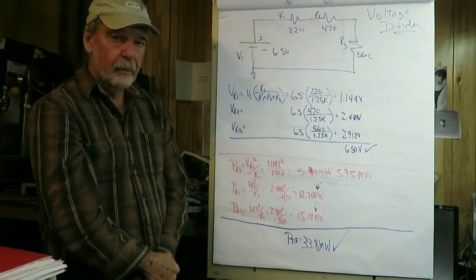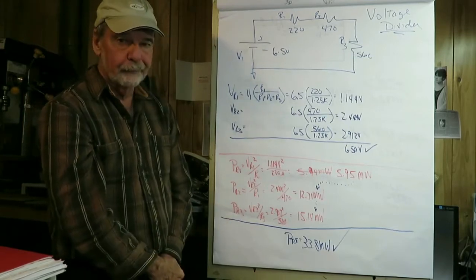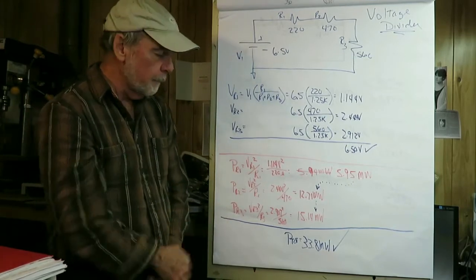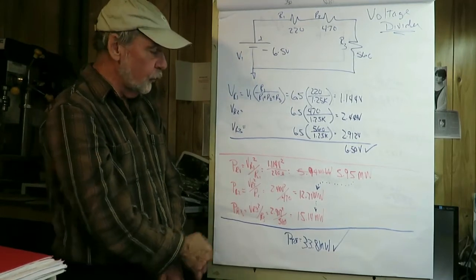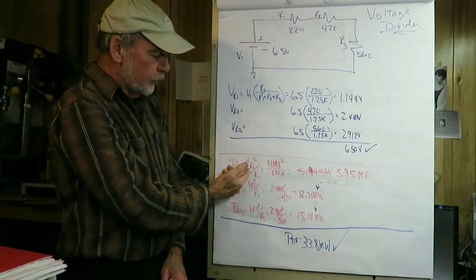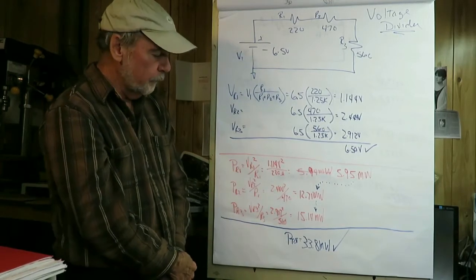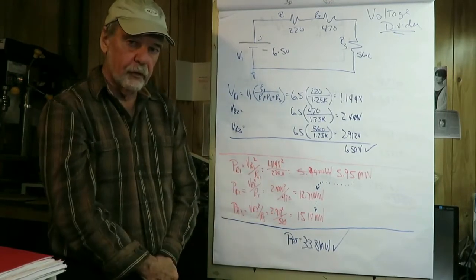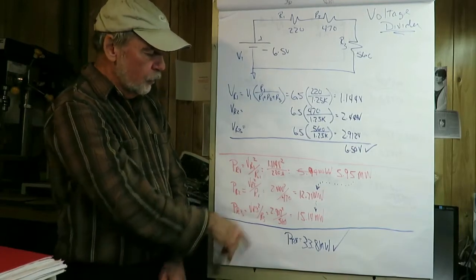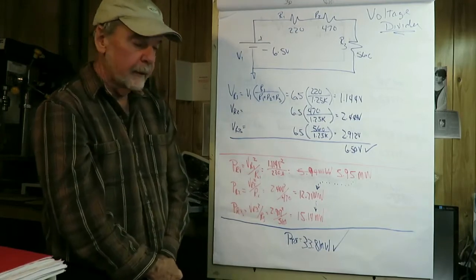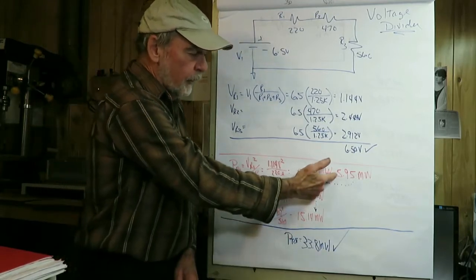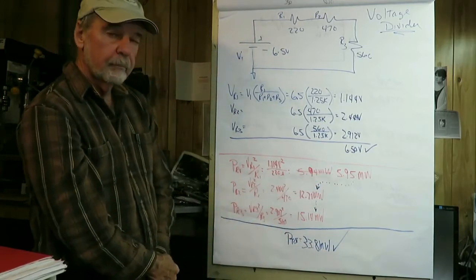Calculating the power now, well, I could find a current, and let's just say I didn't before. But since I have the voltage and I have the resistance, it seems easier to remember that P is going to be equal to V squared over R, in this case R1, because I'm interested in the power across that. So I just take the voltage that I calculated, square it, divide it by 220, and I get, as I got before, 5.95 milliwatts.